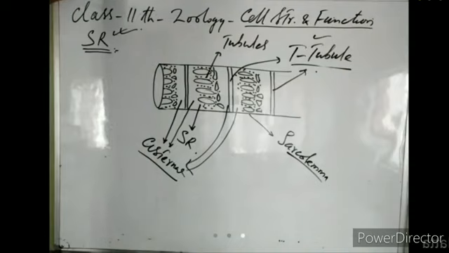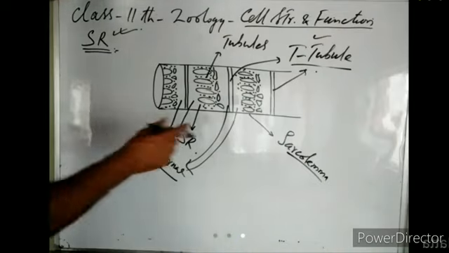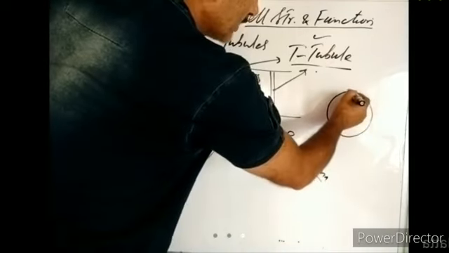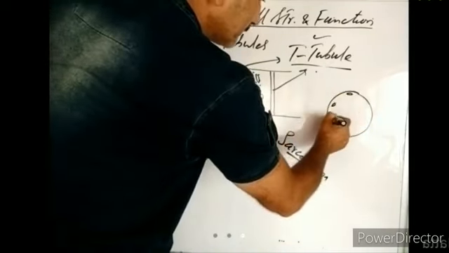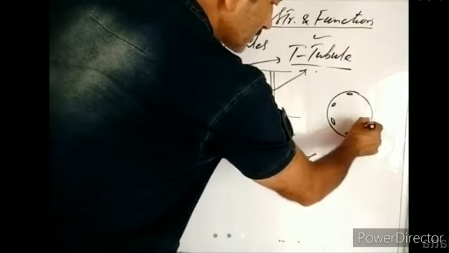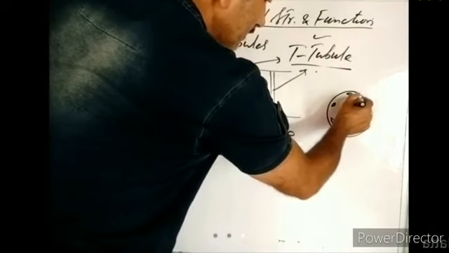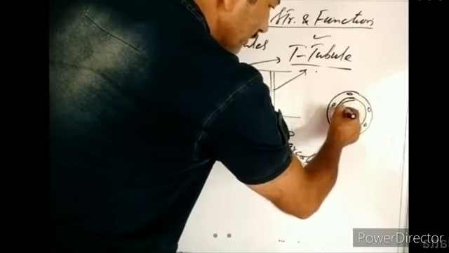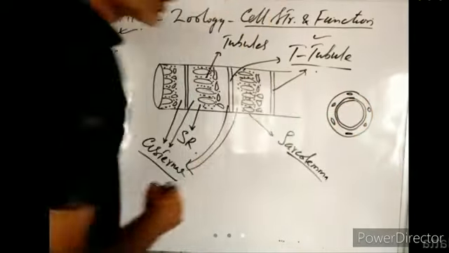It is present just below the nuclei, and cytoplasm is present inner to it. So this is the sarcolemma. Then there are many nuclei below the sarcolemma. Below these nuclei, there is the sarcoplasmic reticulum in the form of tubules and vesicles.